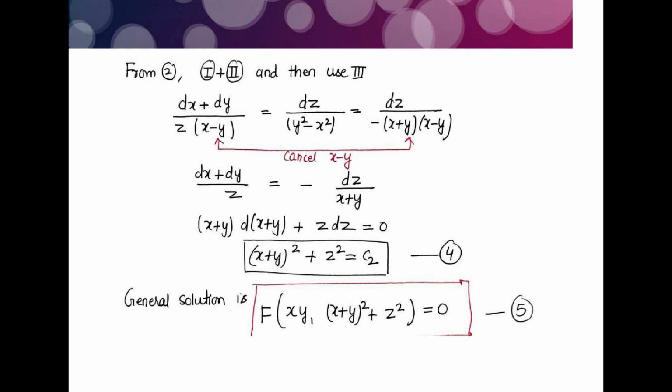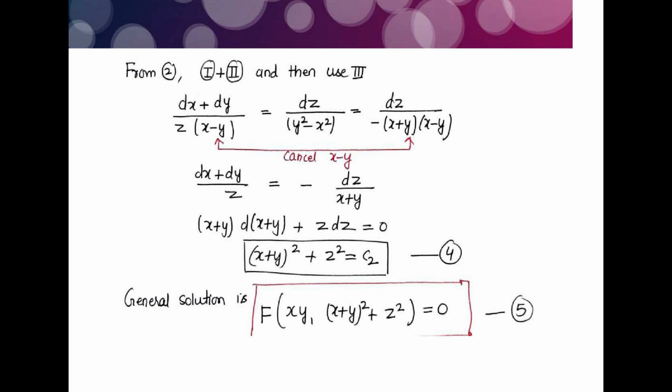Now we have to use third term of the auxiliary equation also. In this we have dz divided by y square minus x square. So in this case we have to simplify this so that we can integrate dz expression, and for that we need terms of z. So we can use first 2 terms here, add first 2 ratios.